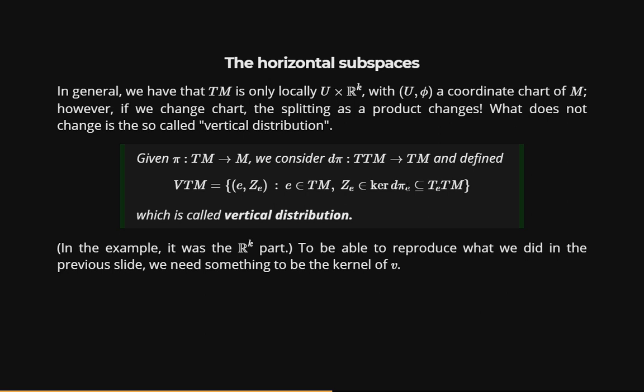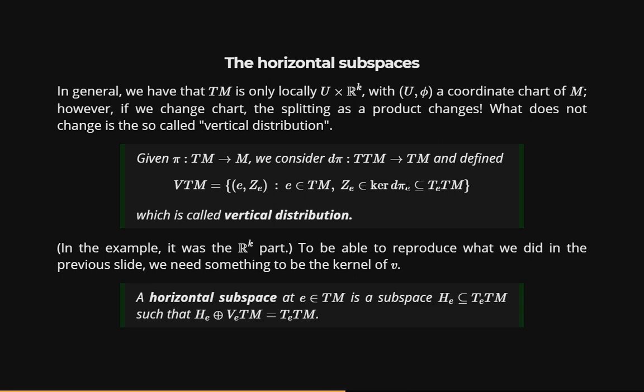Now, to do what we did in the previous example in Rk, we need something that projects on the vertical distribution. And so we need a kernel for the projection on the vertical distribution, which we call horizontal distribution, or at least horizontal subspace.